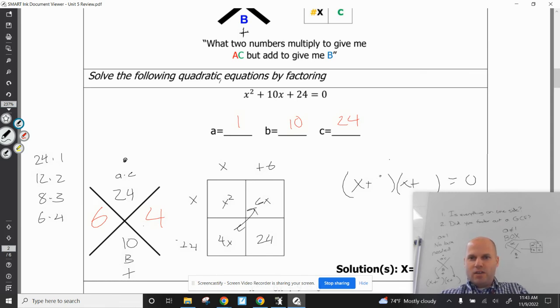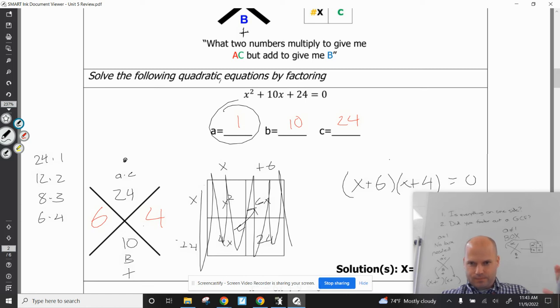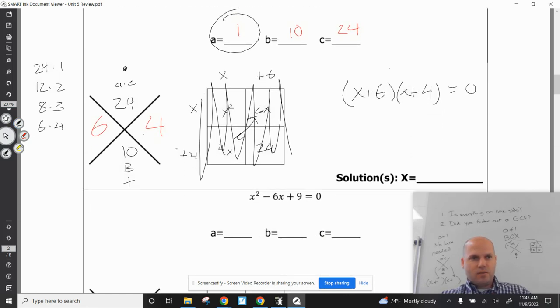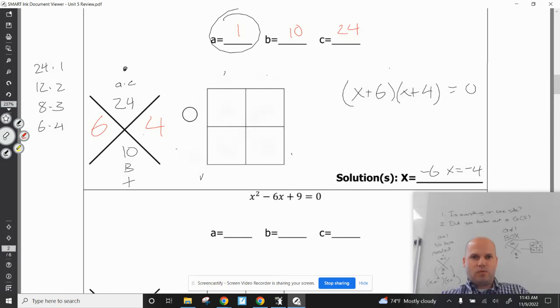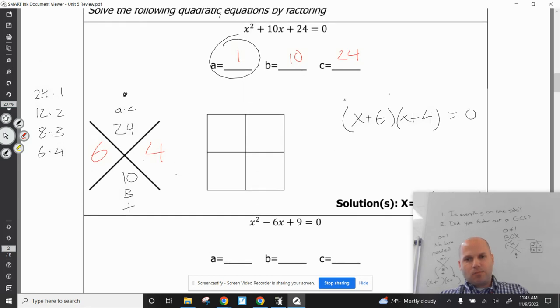That's what I got. So I tell my students, yo, if A is 1, we can skip the box. We go straight to the factored form, and then we have our solutions. Like after noticing this, after doing the box in class a couple times, we skip the box when A is 1.